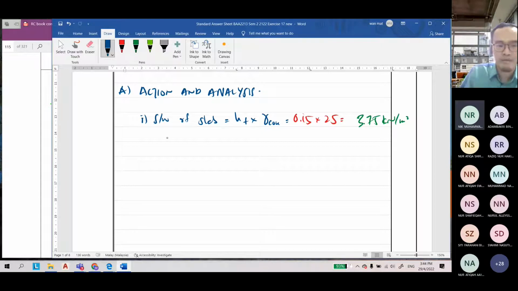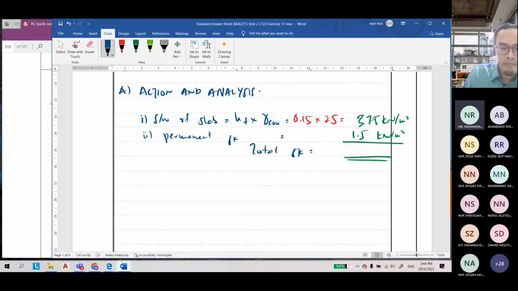And then you have permanent gk equal to 1.5 kilonewton per meter square. So total gk is equal to 5.25 kilonewton per meter square.